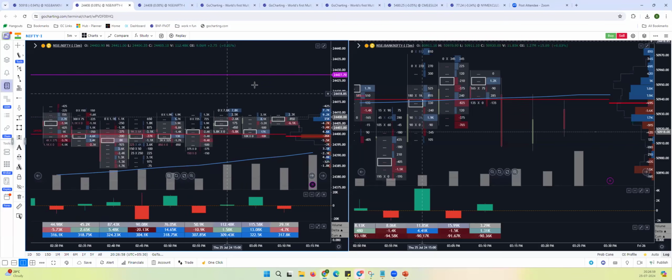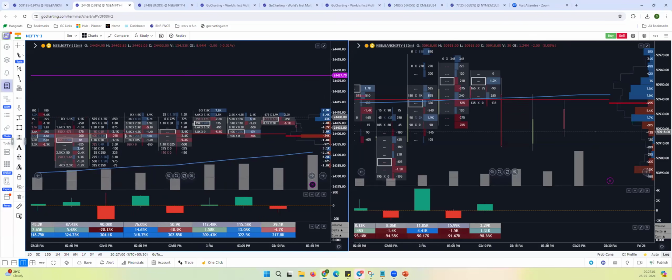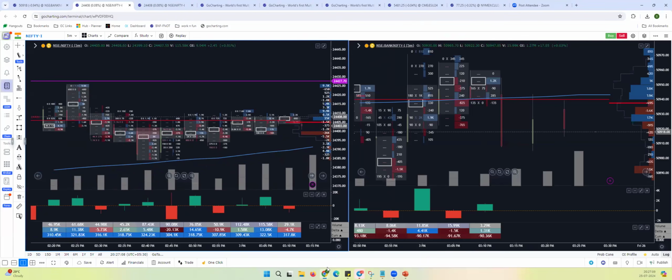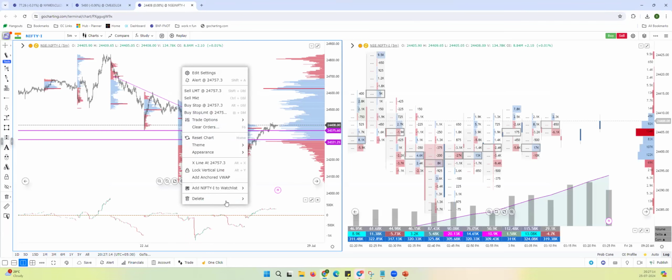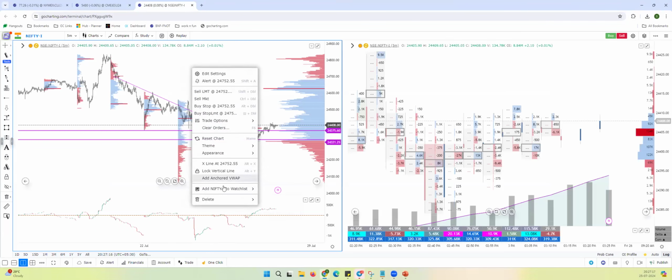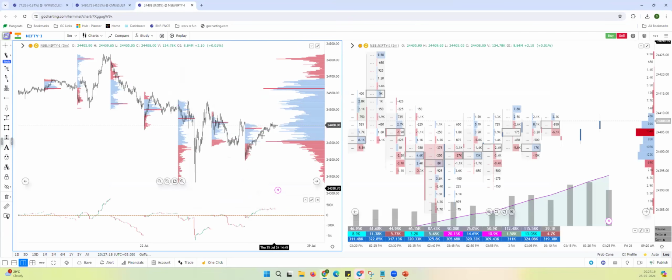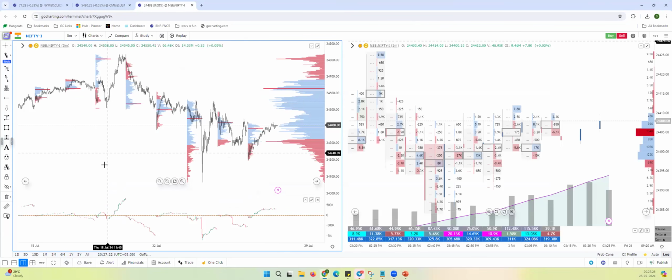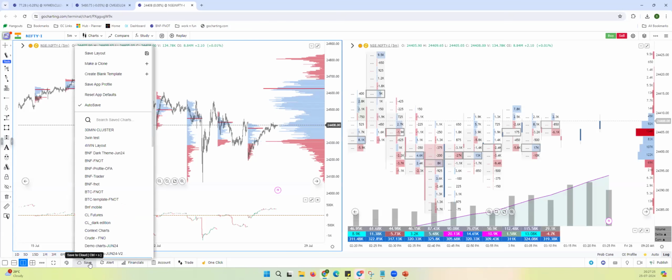Okay, can you see this? Yes. So let me start with some fresh charts for both. Actually, that will be easier. Just a second. So what I'll do is I'll just clone this chart.